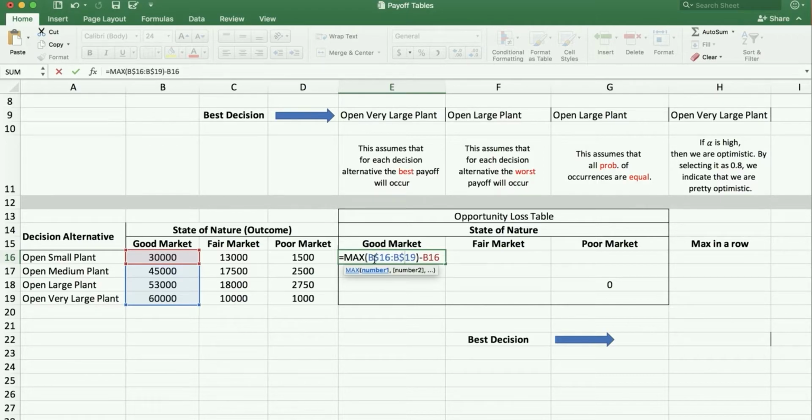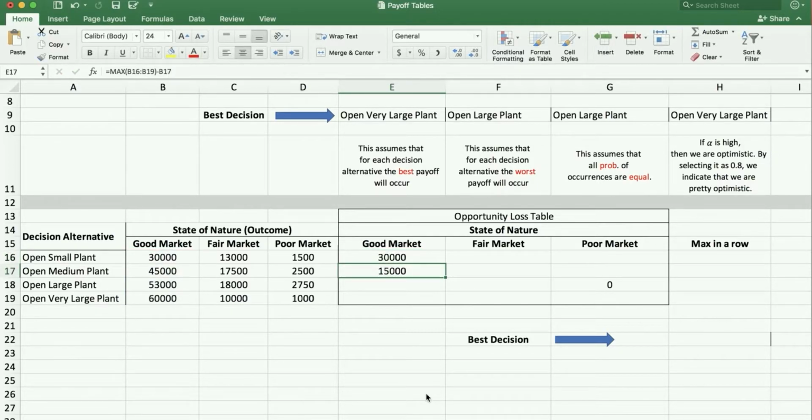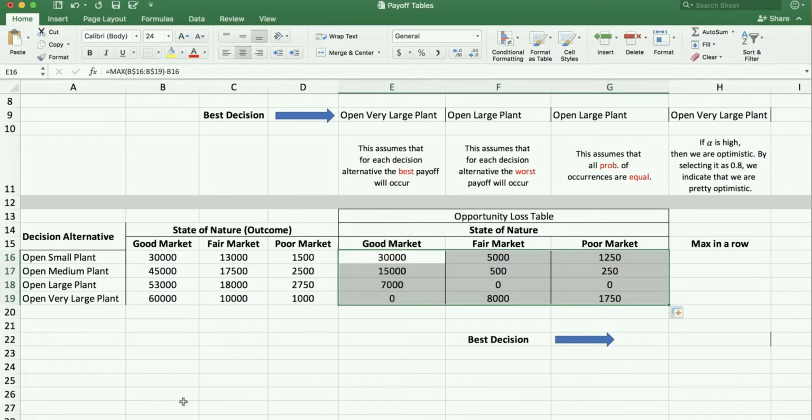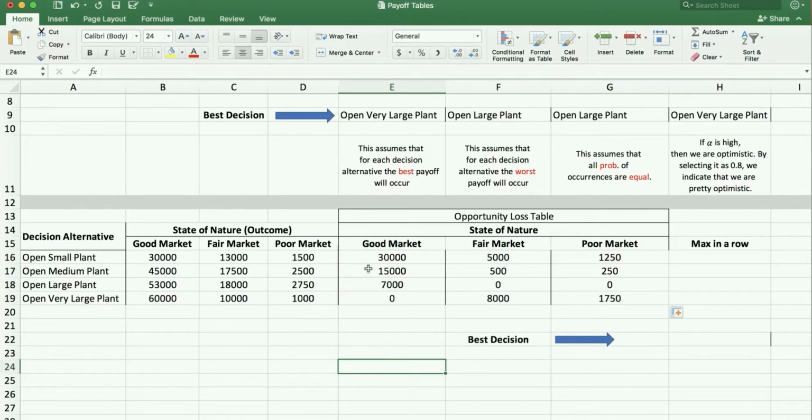So between the letter and the number, put a dollar sign, and then you're done. All you need to do is click on that cell, drag it down, and then drag it to the right. Okay, and then you have all your opportunity loss values.